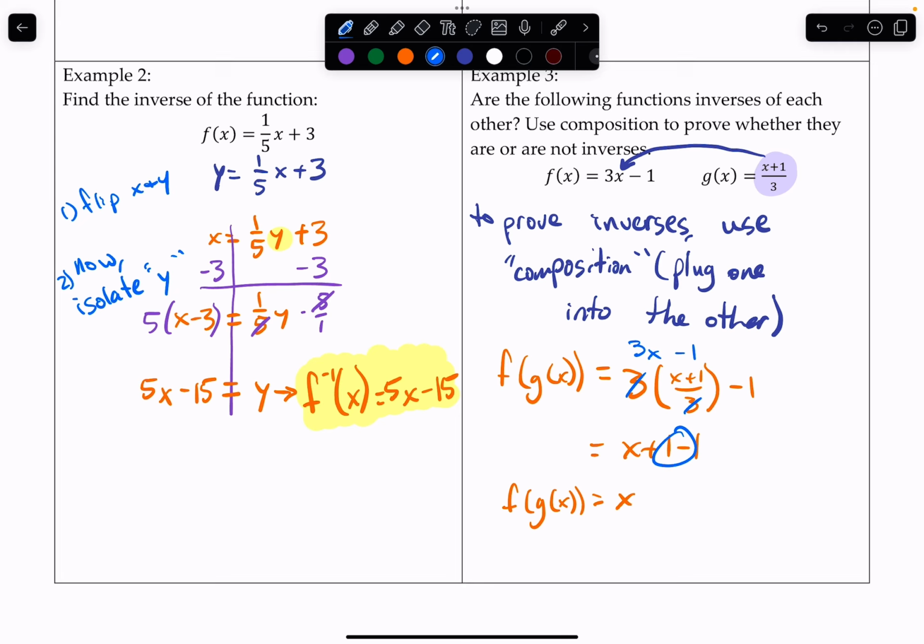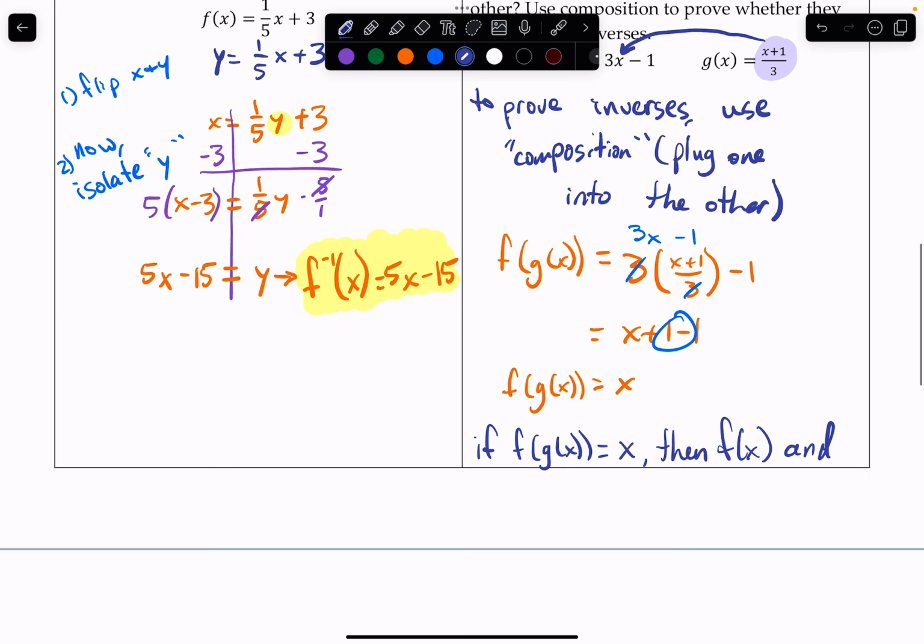So here's the next thing we need to write. If your composition, which would be f of g of x, meaning g got plugged into f, equals x, then f of x and g of x are inverses.